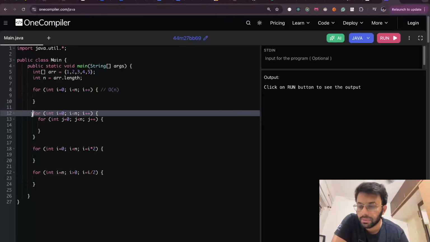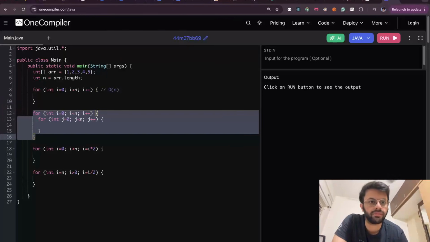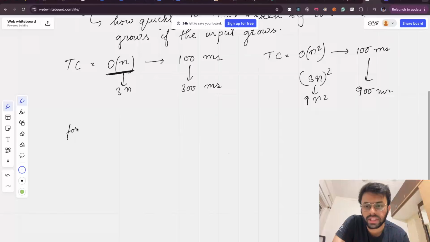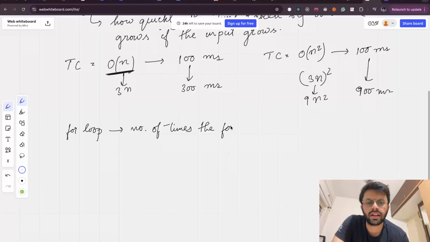Okay. Suppose you have a nested for loop. When you have one for loop, the number of times the for loop runs is the time complexity.